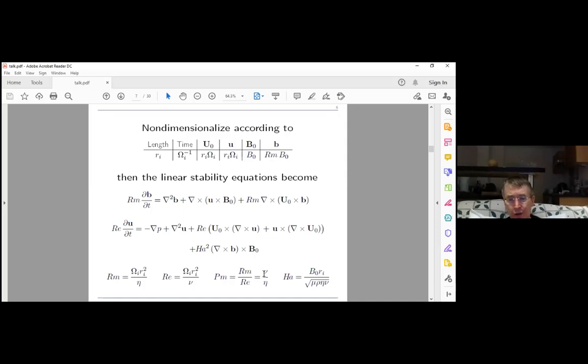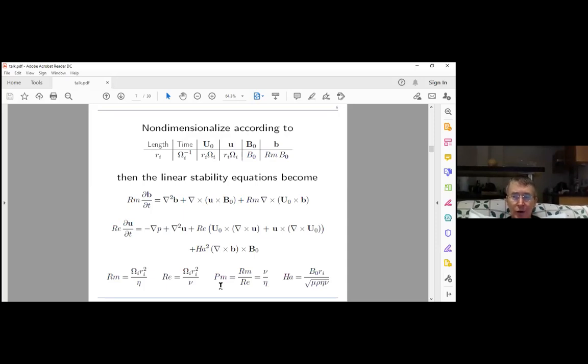And because these quantities, viscosity and magnetic diffusivity, are each just material properties of your fluid, that means your magnetic Prandtl number also is just a material property of whatever fluid you choose to use. So in particular, if you're doing laboratory experiments with liquid metals, then you just have to look up what the magnetic Prandtl number of your liquid metal is.